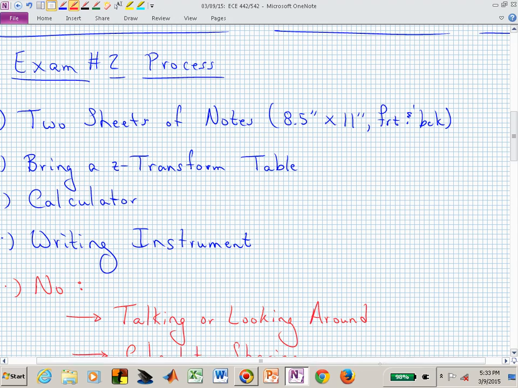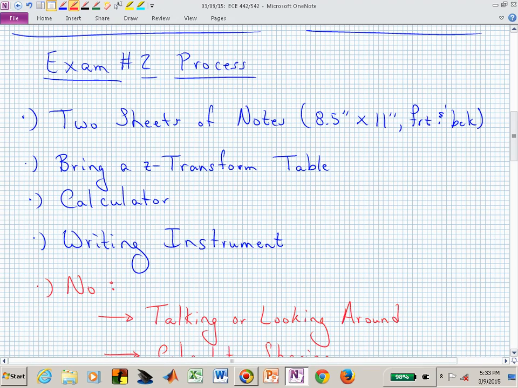For exam number 2, the blues are allowed, the reds are not allowed. The blues: you can have 2 sheets of notes and a Z-transform table. That Z-transform table can be either the one that you used for exam 1 or the one that's now been posted for exam 2. It's different, but I will allow whichever one you prefer. Just bring one.